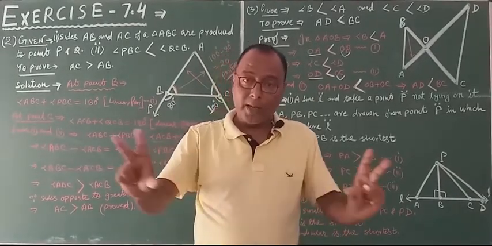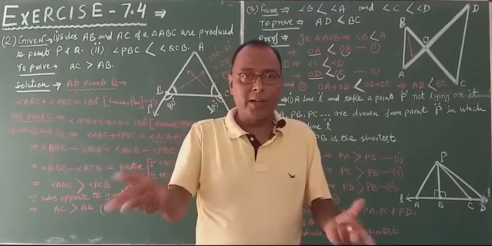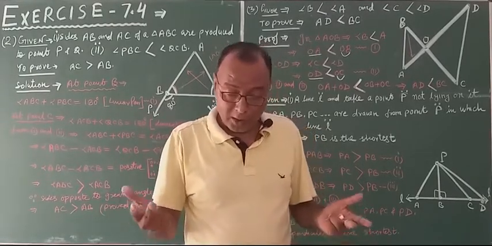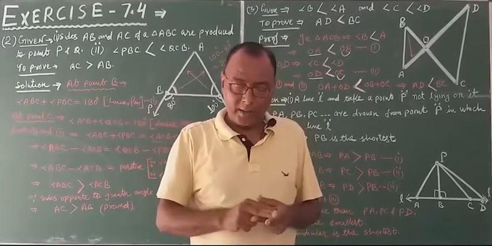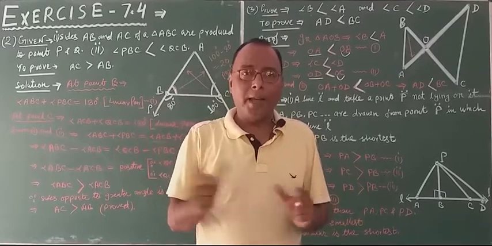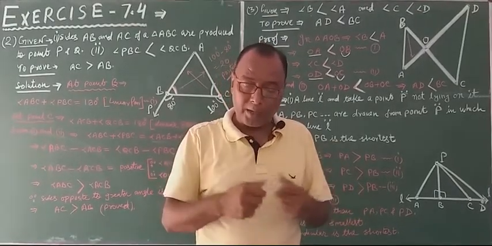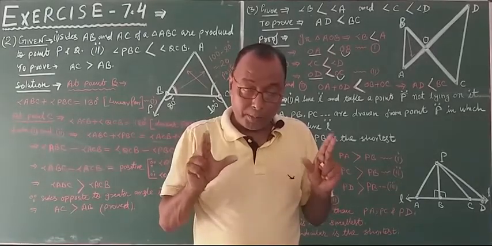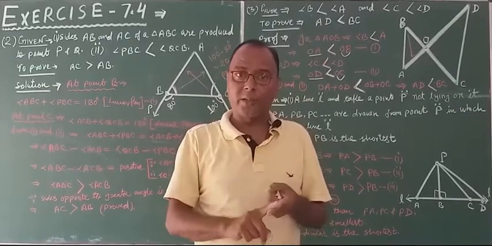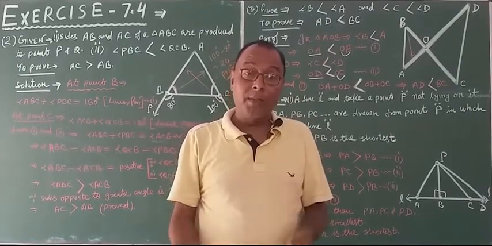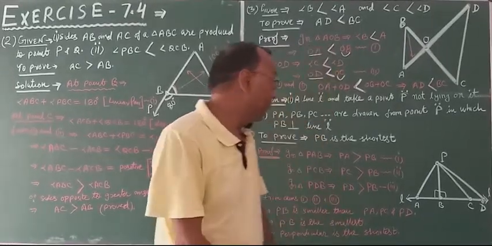You are given a line, and there is a point outside it, which is not lying on it, means the point is outside the line. If we draw the line segments, then we have to prove that the perpendicular line segment is the shortest, or perpendicular is the smallest line segment. Is it okay? So this is the question.